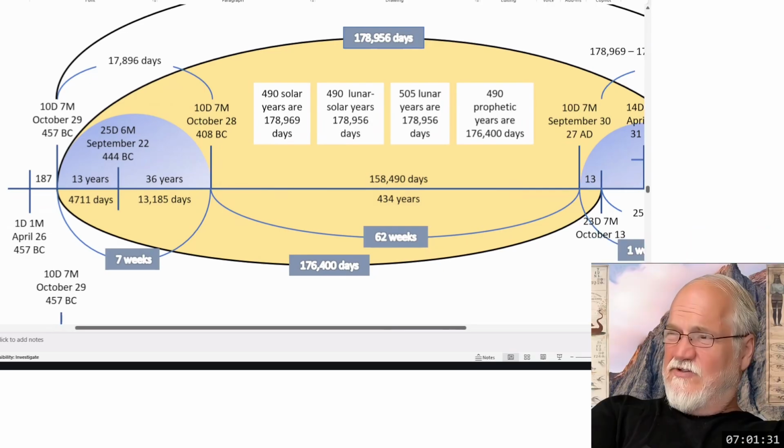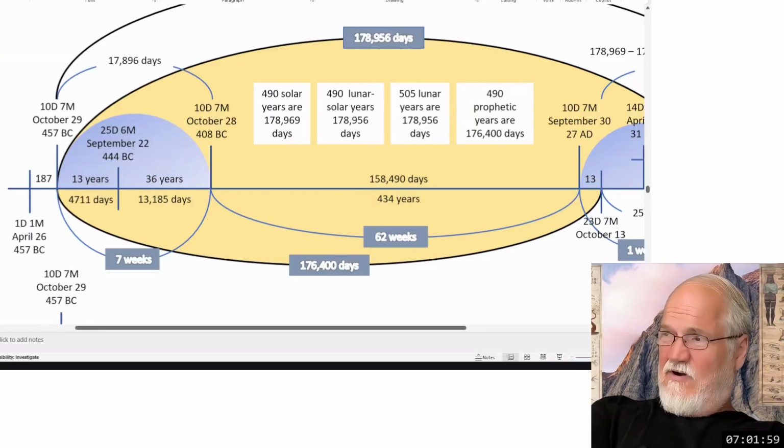490 solar years are 178,969 days. 490 lunar solar years, that is biblical years, are 178,956. So there's going to be 13 days difference in those two totals. Now 505 lunar years, that is the Islamic years, are 178,956 days.